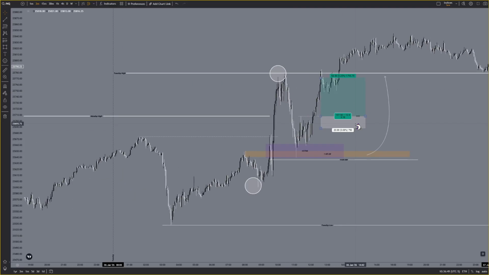A 20 point stop on NQ, if you do the math to that, you understand your risk management, you would know that 20 points of risk on NQ, with NQ being worth $20 per contract, you simply just aiming for a 20 point stop and targeting Tuesday's highs, you would get a 1 to 3 out of this trade with a 20 point stop. You're pretty much risking $400. So at most, I try to risk $400 on a proper trade.